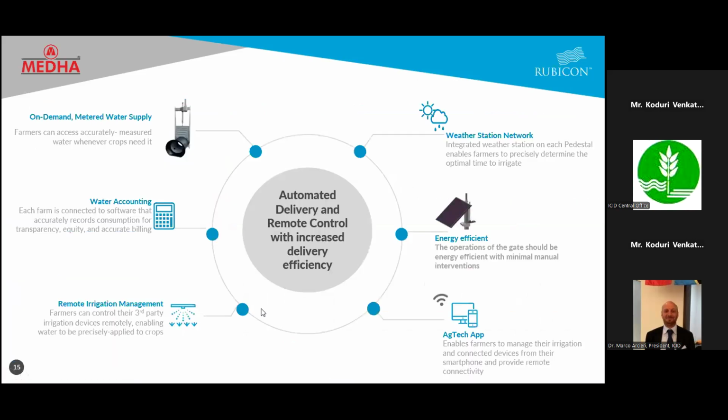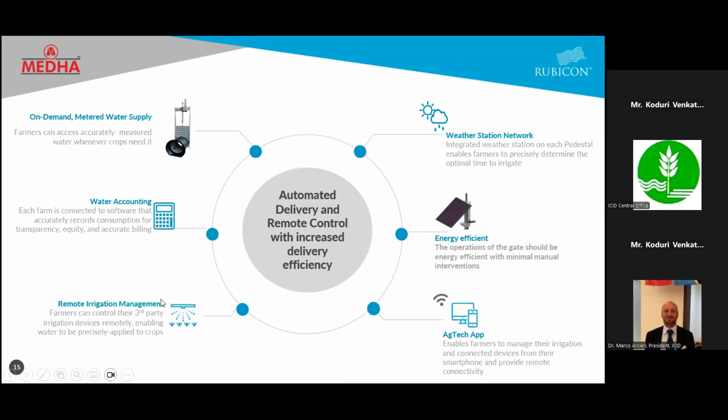Now, automated delivery and remote control comes with the technological part of it, like what are the points that are to be introduced: weather stations at the endpoints, energy efficient structures where you require the least amount of energy to be contributed, ag tech apps which are related to monitoring of the agricultural practices which are going on in the field. Monitoring stations could be a good example for that.